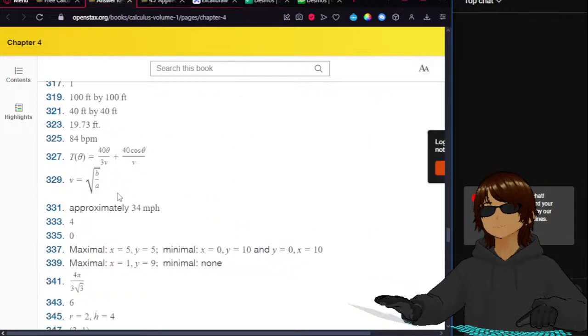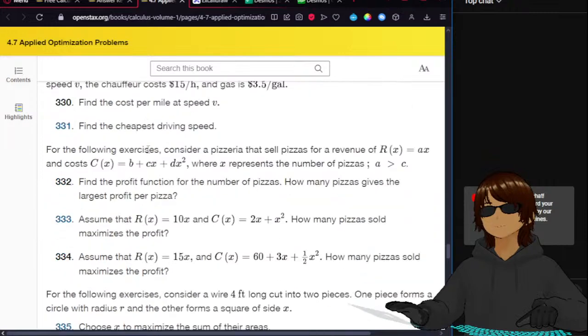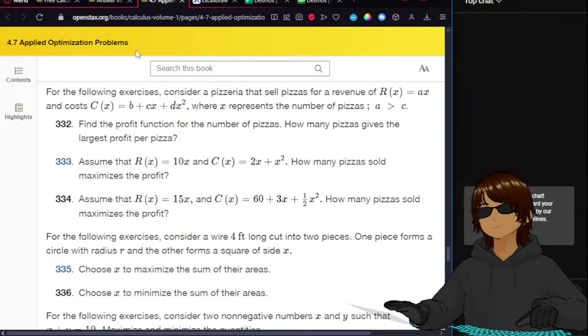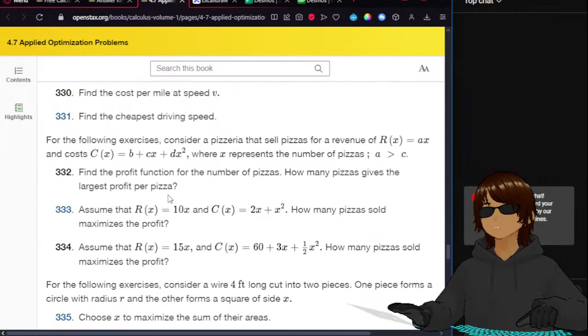Okay, that was the correct answer, finally. I've got one correct. Okay.